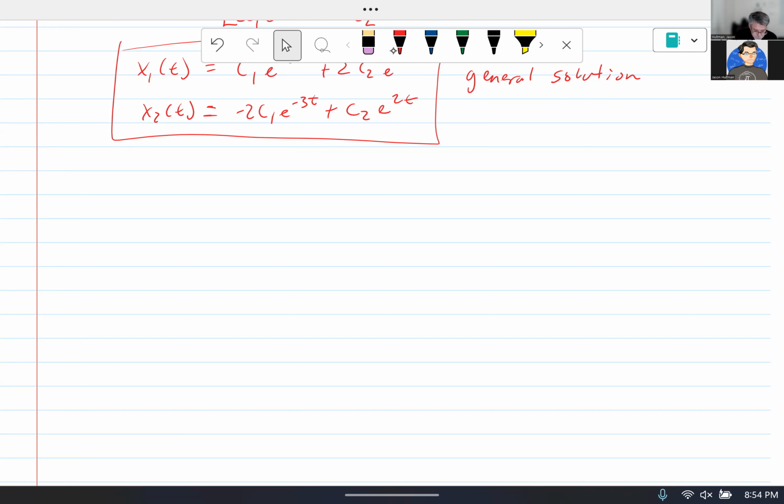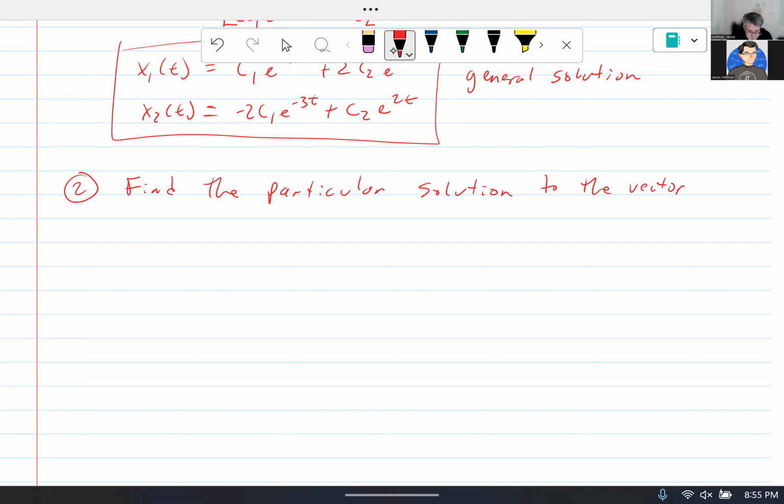So number 2 here: find the particular solution to the vector differential equation x prime equals Ax, if A is equal to [2, -1; 2, 4], and x naught is equal to (1, 1, -3).